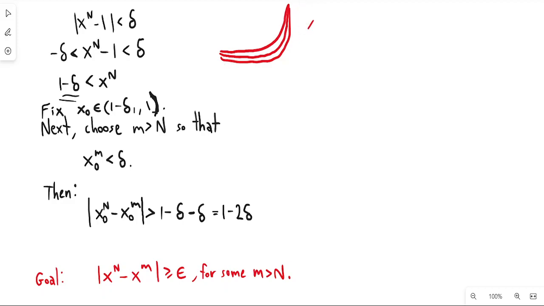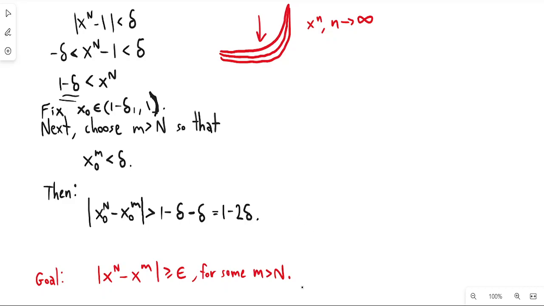So this is what's happening to x to the n as n is going to infinity. It's kind of like getting compressed down. So that's why, when I have x naught to the big N minus x naught to the m, this is a positive number. And so the absolute value bars don't really change anything.